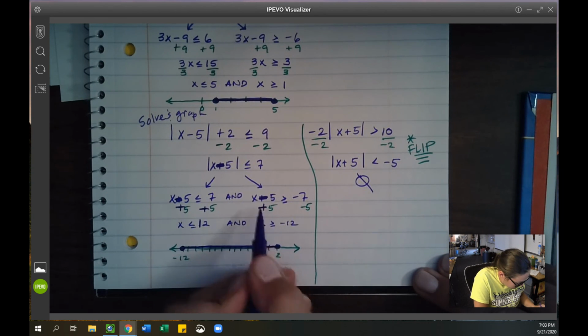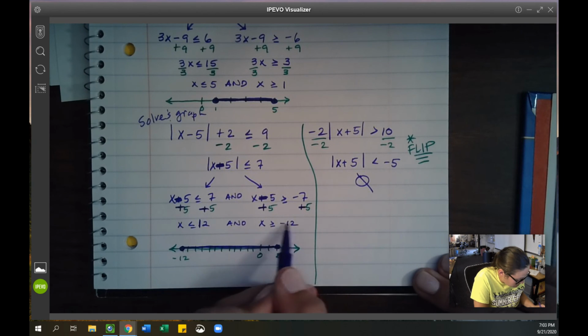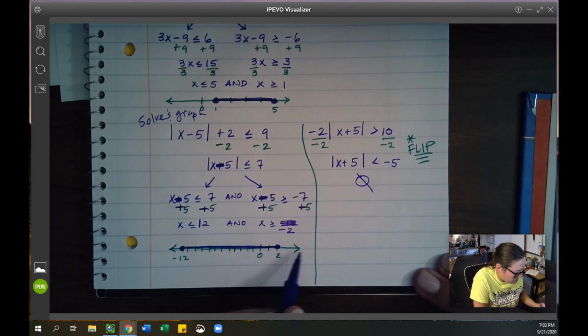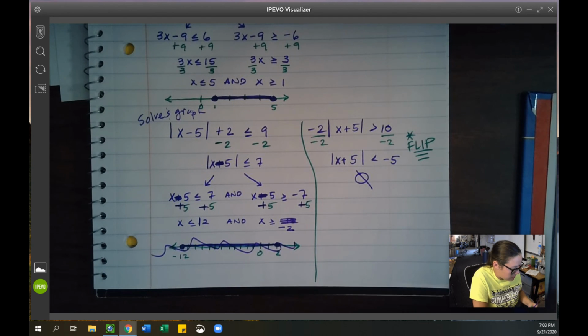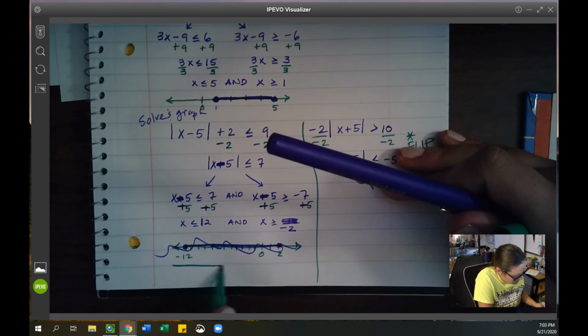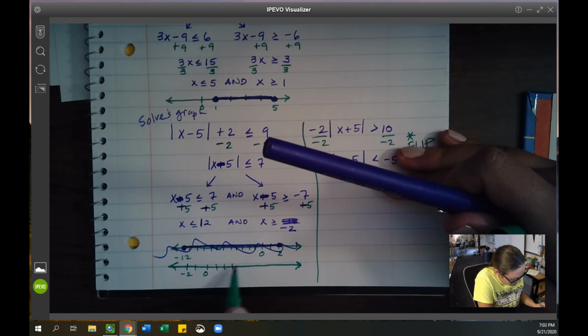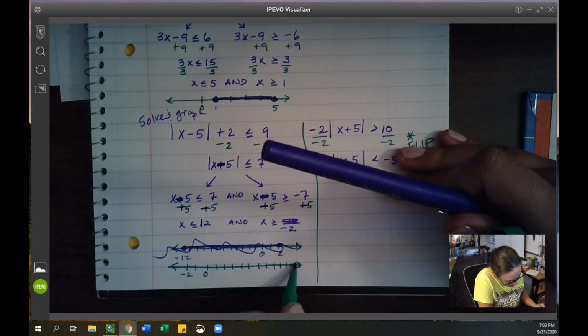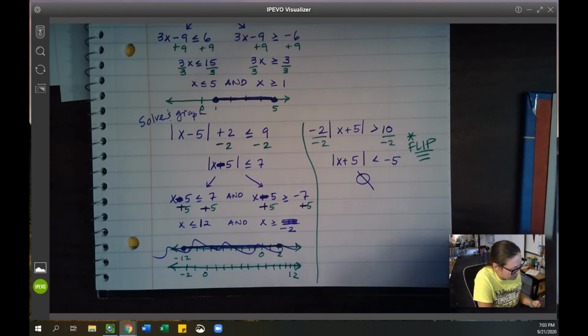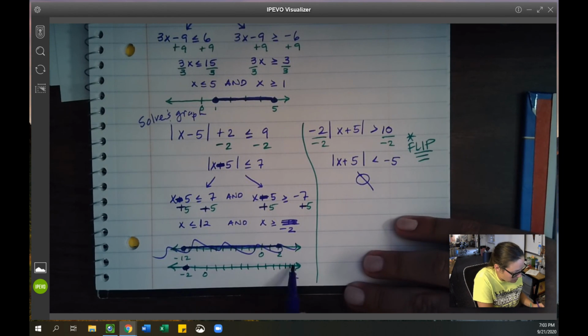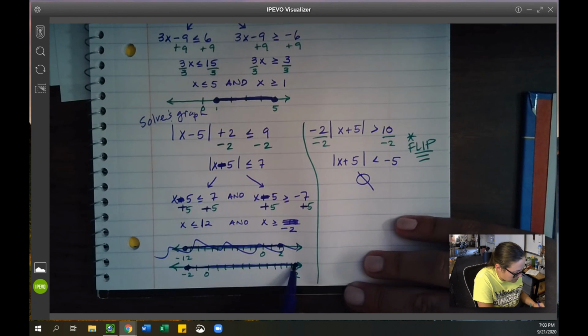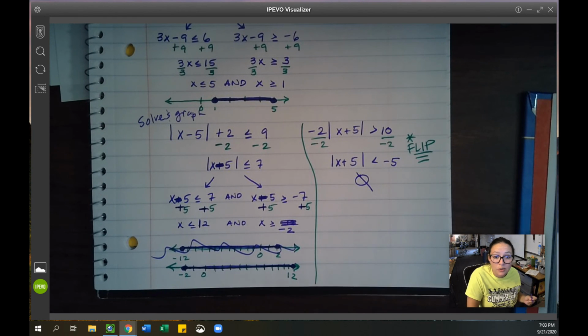I would add. This would be x is greater than or equal to negative 2. So I basically would flip-flop this graph. I would have negative 2, 0. Here's 12. And I'm going to shade between them. Well, that didn't quite go as planned, but hopefully you guys get the point.